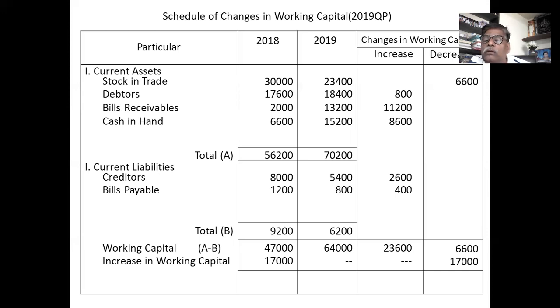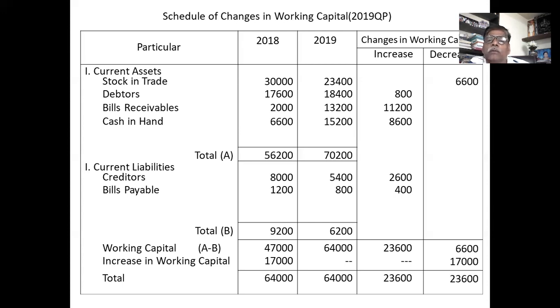Like this, you write the difference of the first and second in the deficit column, and third and fourth also in the deficit column. Then take the total. First column total 64,000, second column total 64,000, the total must be the same. The third and fourth also the same, that is 23,600.